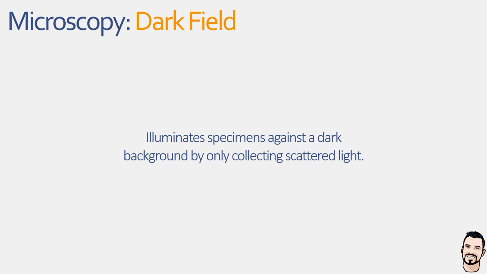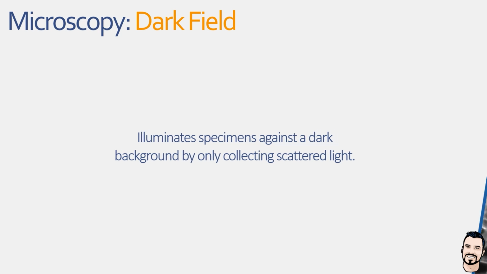Now, this method is particularly useful for observing thin, transparent or unstained samples that would otherwise be difficult to see under bright field microscopy. Since dark field microscopy relies on light scattering, it can reveal fine details such as the edges of delicate fibers, small bacterial cells, or intracellular structures without the need for staining.